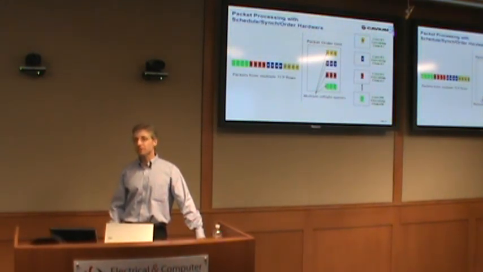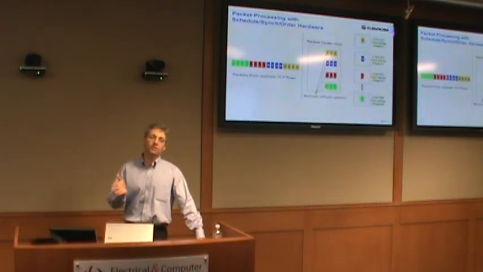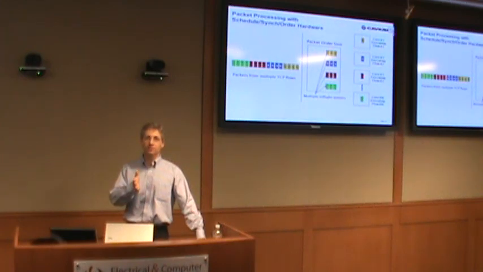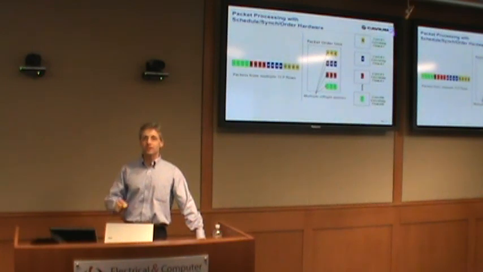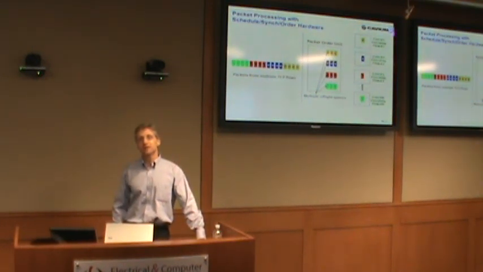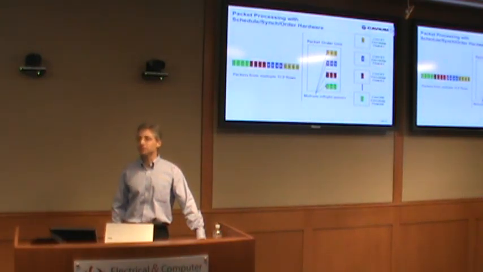In this scenario, you don't care about the order of packets to different flows. What you care about is the order of packets to a single flow. So if that's what you want, then the schedule sync order is free to schedule those yellow, blue, red, and green internal FIFOs in any order that it sees fit.